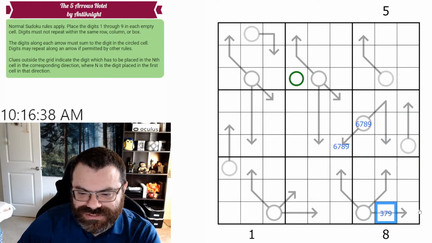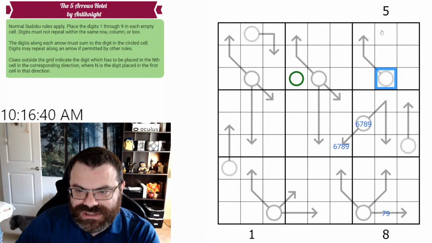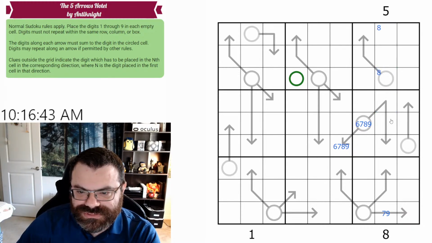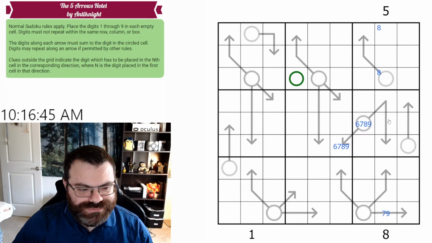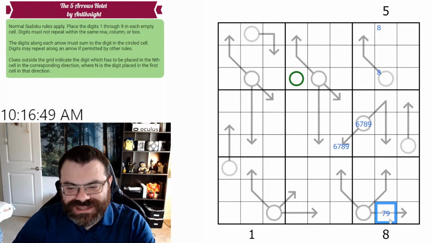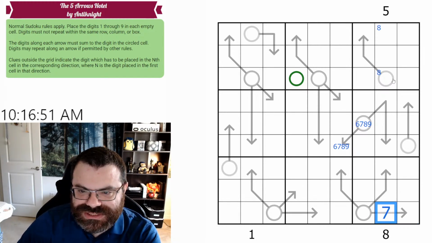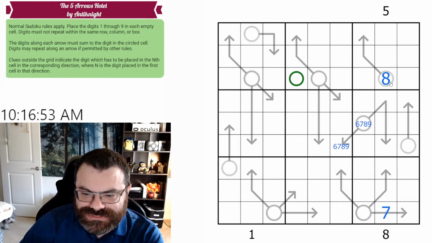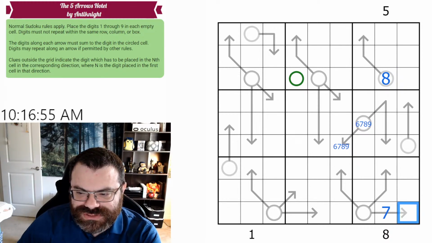So I can't do that either. So this is 7 or 9. We've got 8s up here, and 9 is just too big for this arrow. So this is a 7. Okay. So this is a 1 or a 2 to add to 8 or 9.